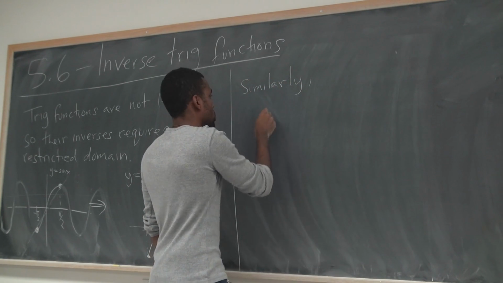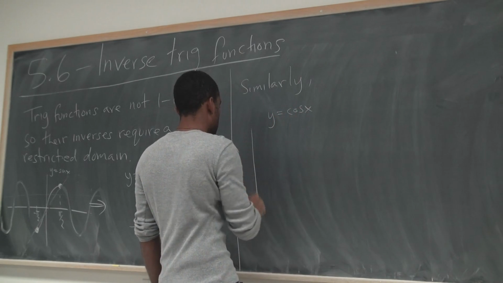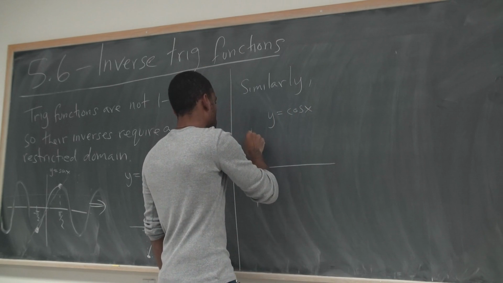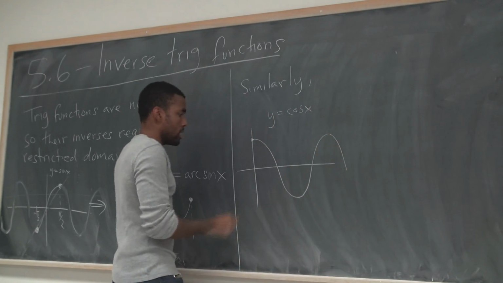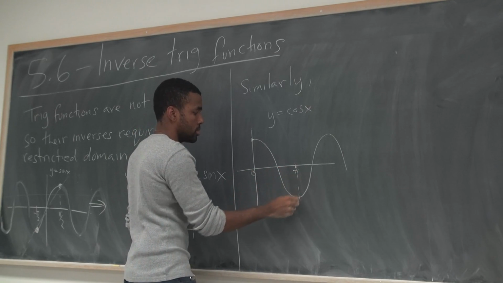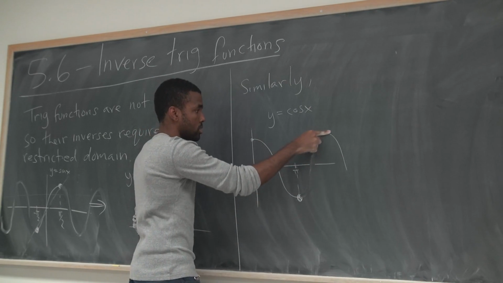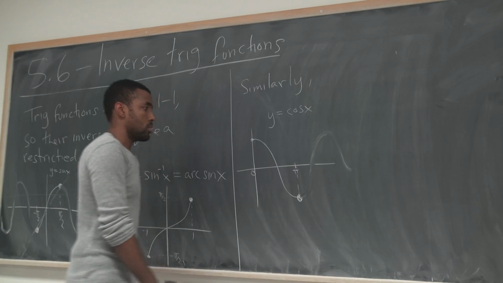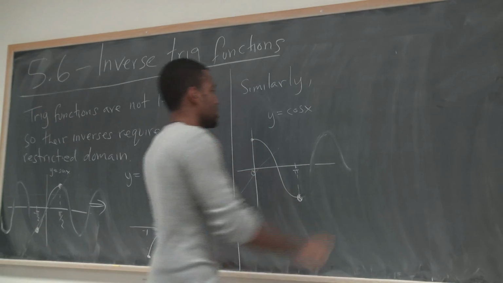Similarly, we look at the cosine function, y equals cosine x. Cosine looks like this. And what we did in that case is we cut it from 0 to pi. We looked at that region and ignored everything else. Okay. And then we flipped that guy in the line y equals x.